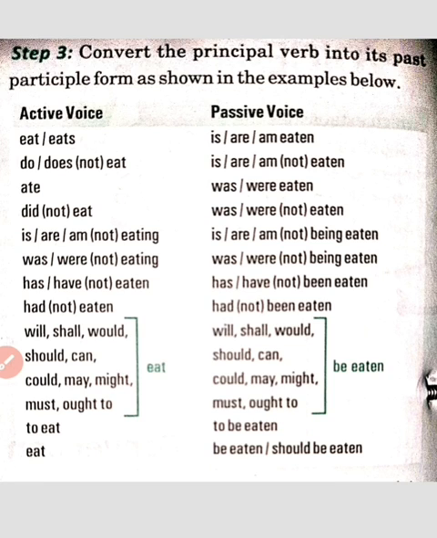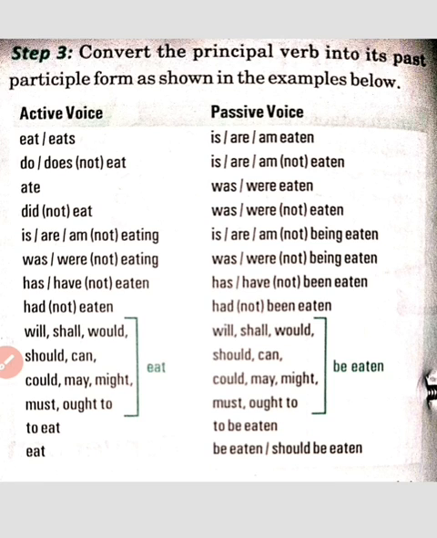Do, does not eat: is, am, are not eaten. Ate, second form, passive voice: was, were eaten. Did not eat: was, were not eaten. Is, am, are not eating: is, am, are not being eaten.